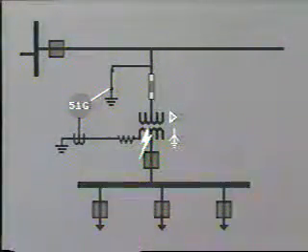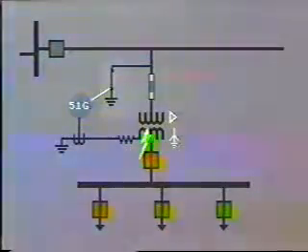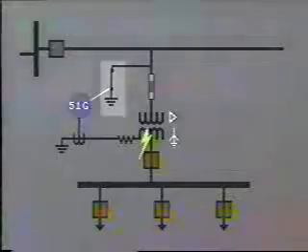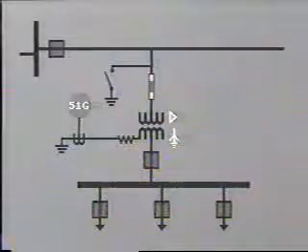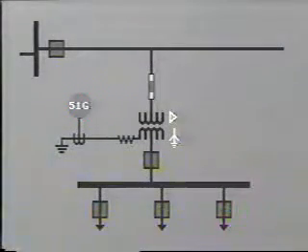This in turn causes operation of the ground relays in the remote station and so opens the breaker. Depending on system design, the ground switch could be three-phase or single-phase.